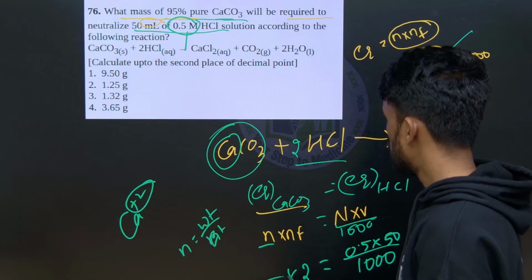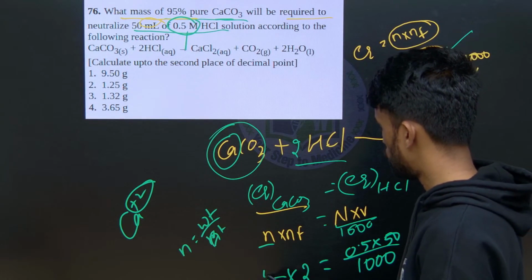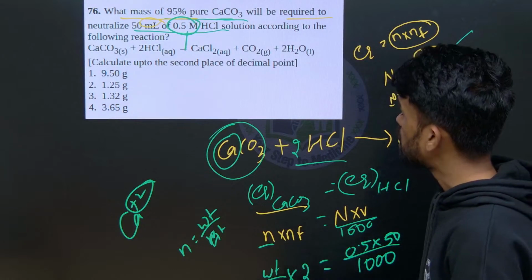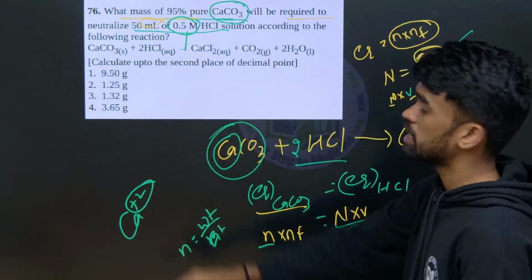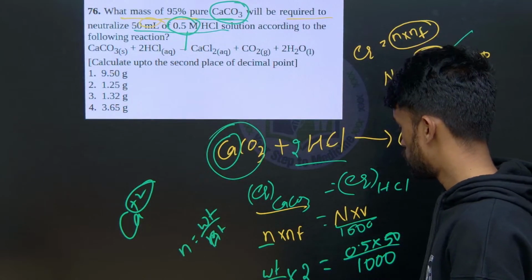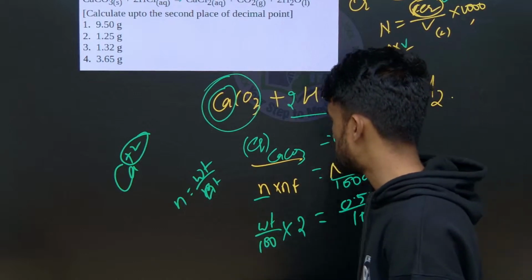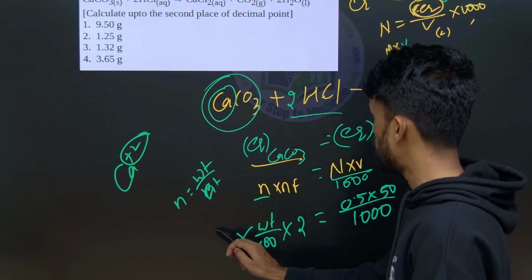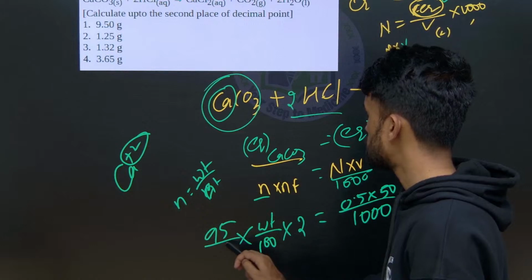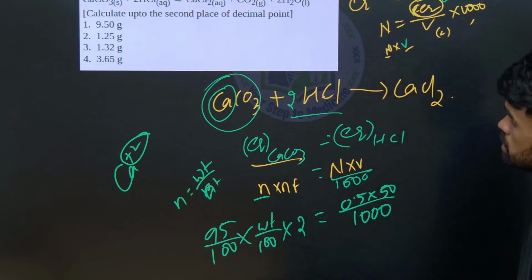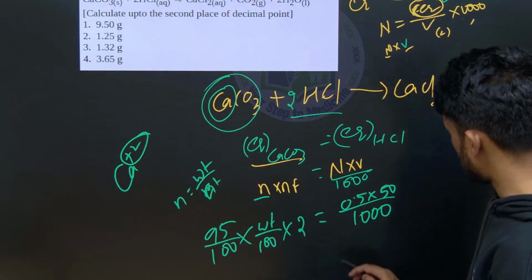We require to find that given weight only. The molecular weight of CaCO3 is 100. Now it is not completely pure, it is 95%. Multiply with that 95%.